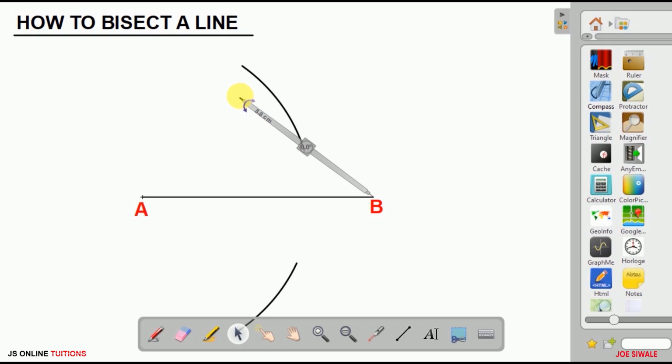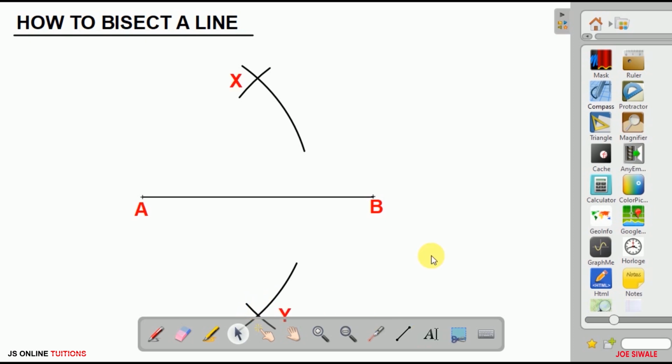So we're going to draw one arc above line AB and another arc below line AB. And as you can see, we have drawn our 2 arcs there. So we can go ahead and name this point as point X and the other point as point Y.